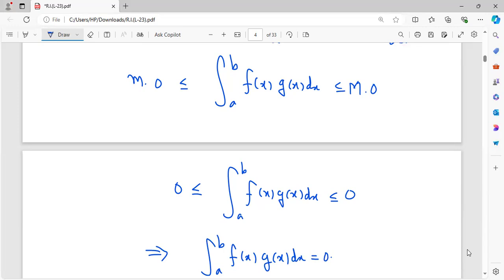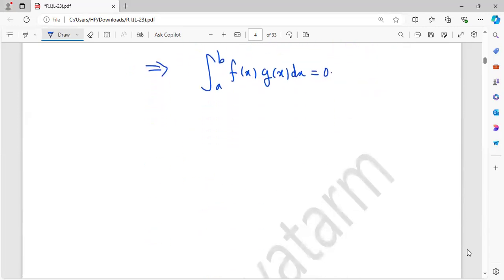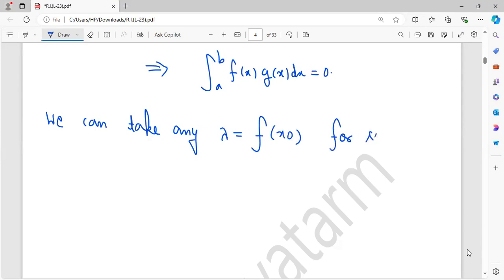So in this case, we can take any lambda equal to f(x0) for some x0 belonging to [a,b].